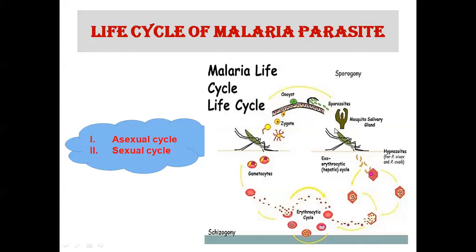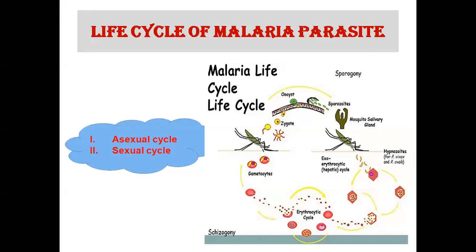First of all, you see here the sporozoite. The sporozoite is introduced by a mosquito into a normal person, and then comes into the blood circulation.